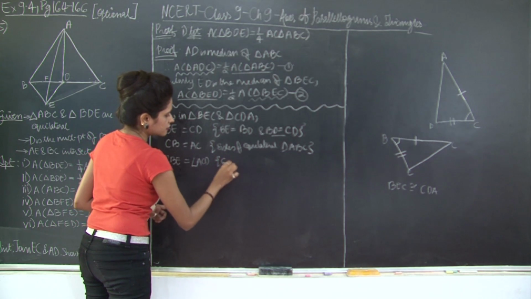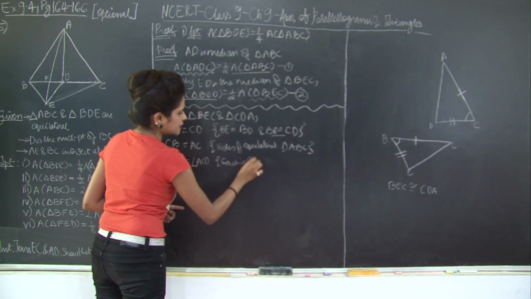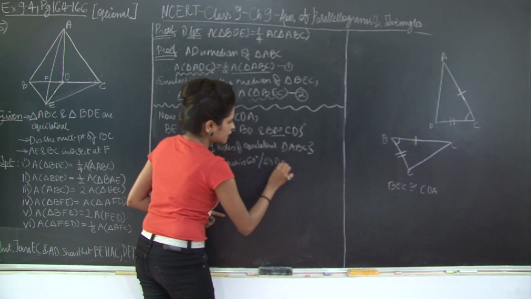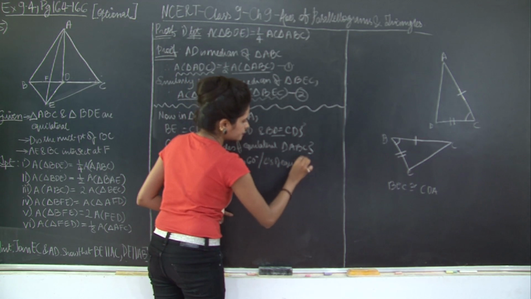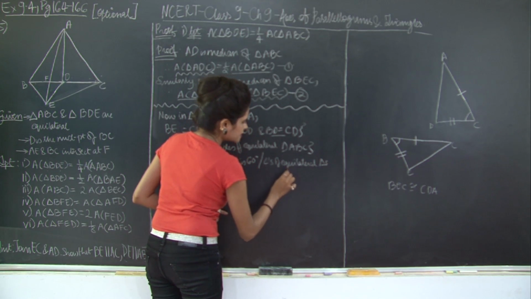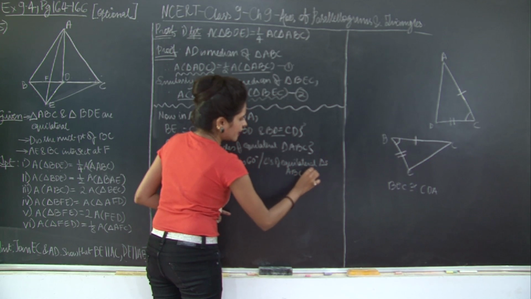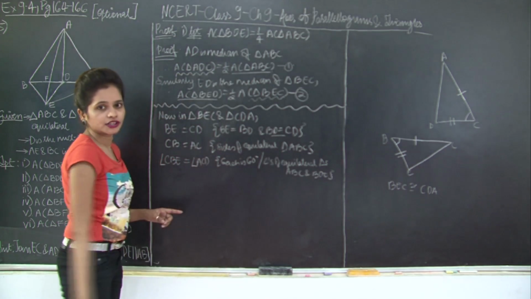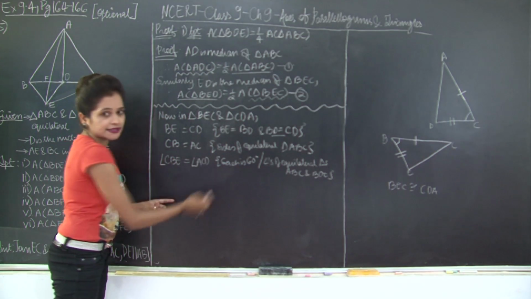Each is 60 degrees, or you can even say angles of equilateral triangles ABC and BDE. So you can give either of these reasons.